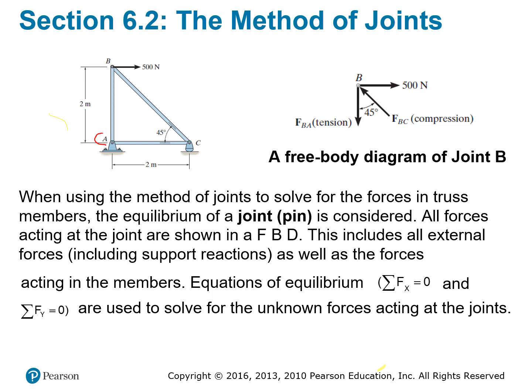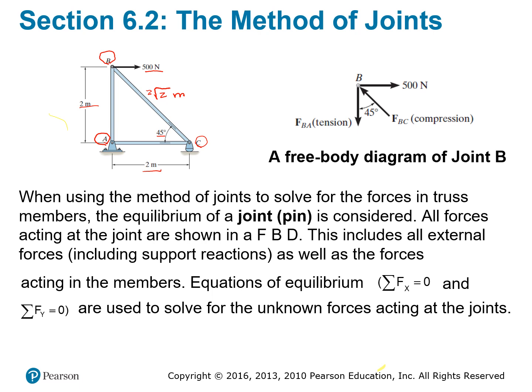We have point A, point C, and point B, and there's an external force of 500 Newton on the top at point B. The configuration is given by the dimensions. You have 2 meters here, 2 meters here, so it's a 45 degree angle right here. You can calculate the length of this one, which should be 2 times the square root of 2 meters.